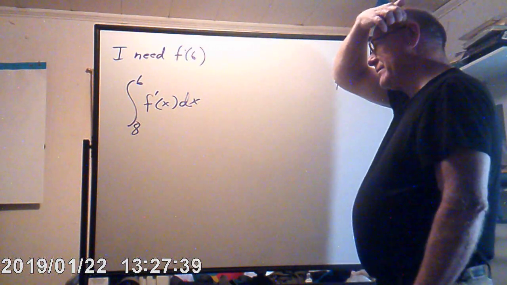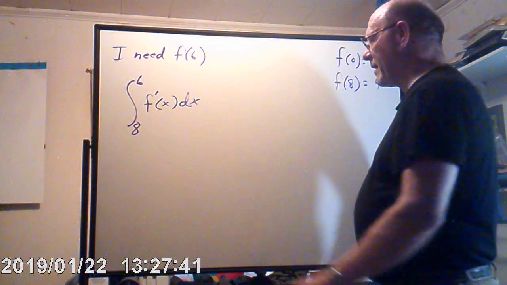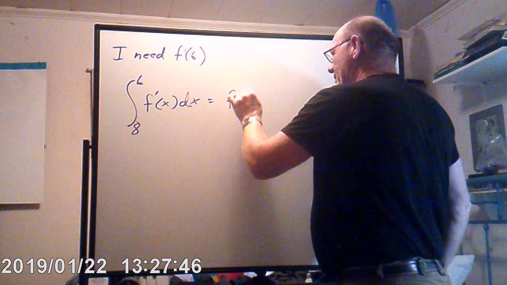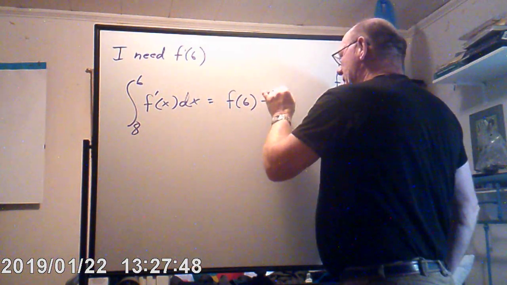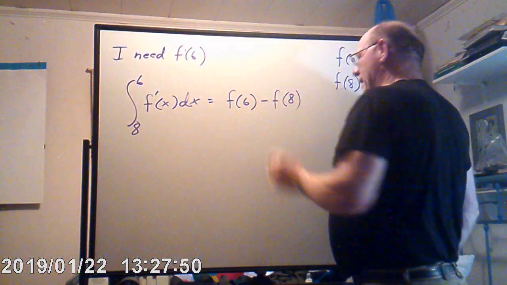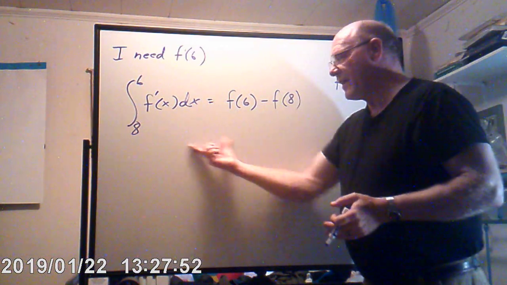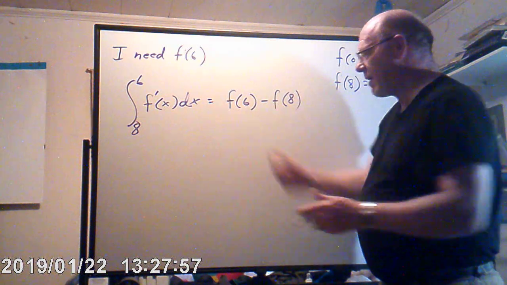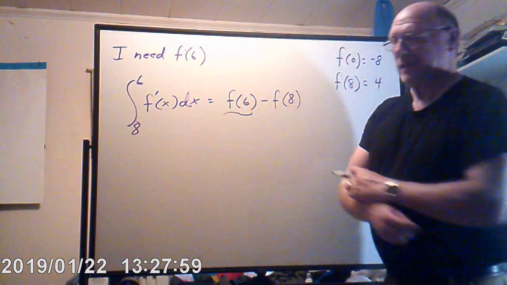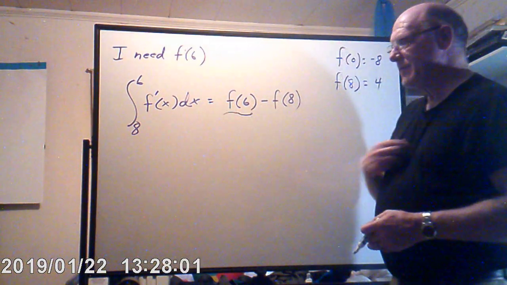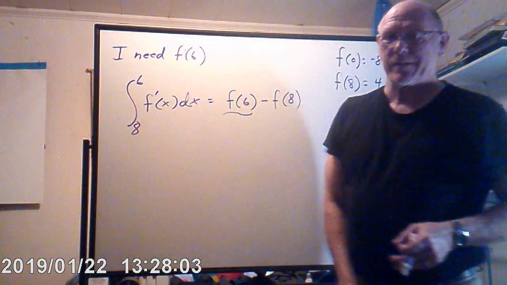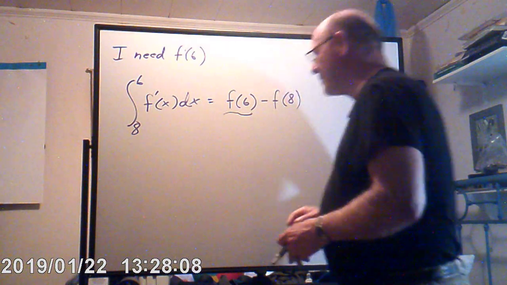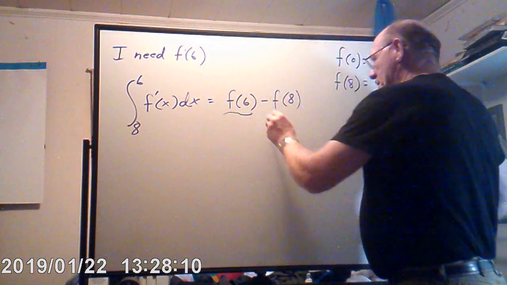So doing that, I know that this is F at 6 minus F at 8. And if I'm looking for F at 6, I'm simply going to solve for F at 6. I know this looks confusing, doesn't it? But you have to remember, you are working backwards. So plus F at 8.